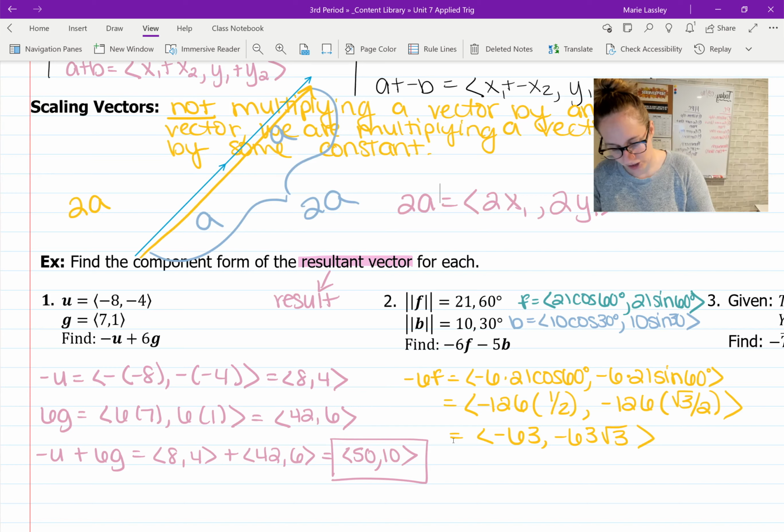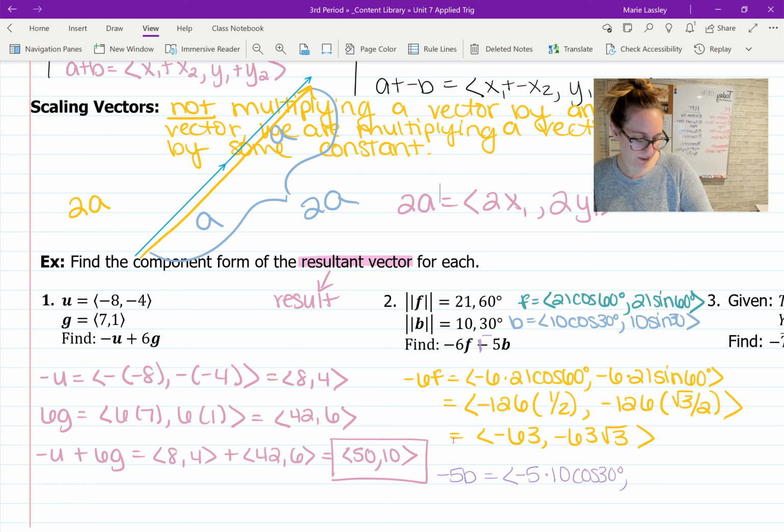Unfortunately, I did give it a bad one for this one. Oh no, it'll end up being fine. Let's change this to plus and negative, because we want to add the negative. So this is going to be negative 5b, which is negative 5 times 10 cosine 30, negative 5 times 10 sine of 30.